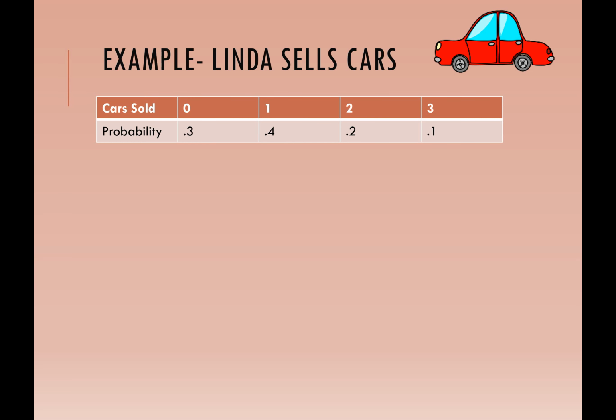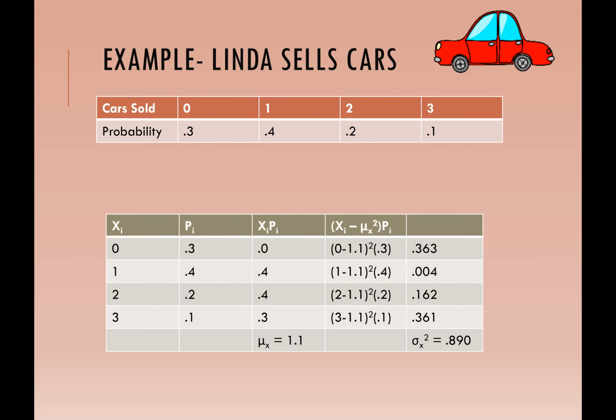Okay, here are the answers. So I have the x value and the probability. I multiplied these together and then added all the values to get the expected value or mean of the random variable of 1.1. This squared should be outside the parentheses.